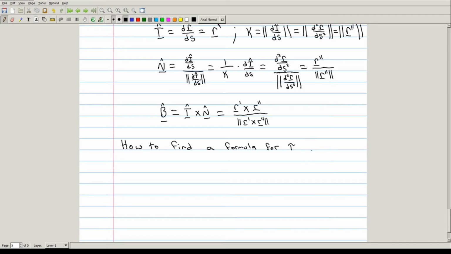It just depends on the derivatives of r with respect to arc length S. So we can use all the stuff that we've derived so far, specifically the Frenet-Serret formulas, to do this.